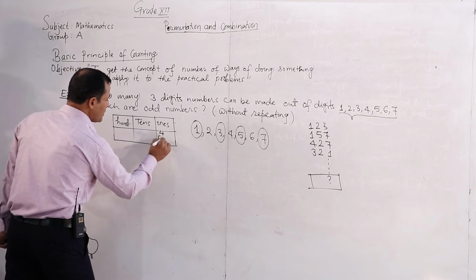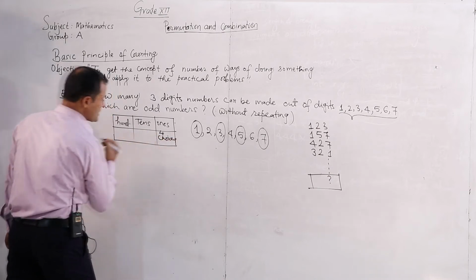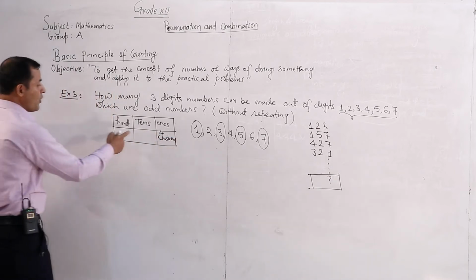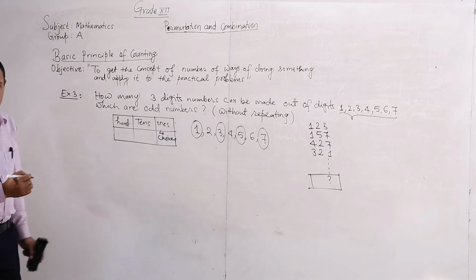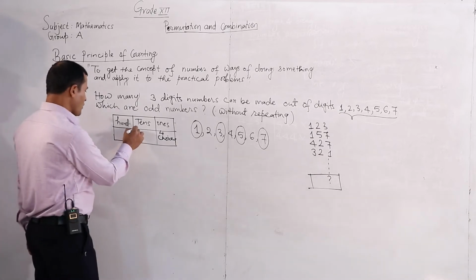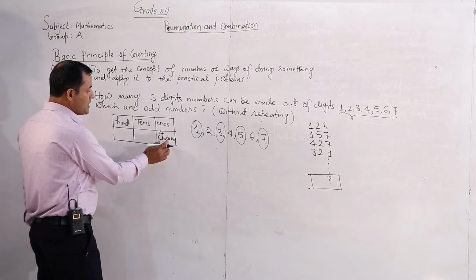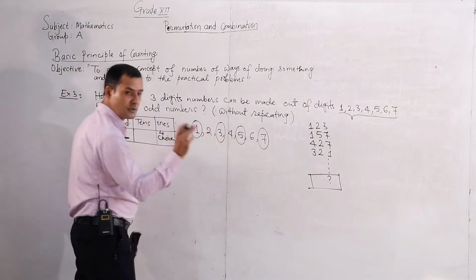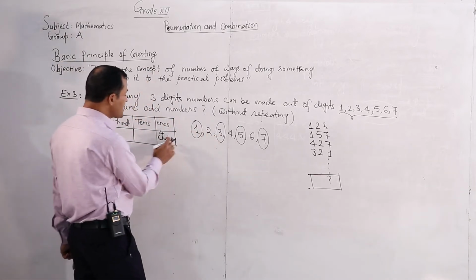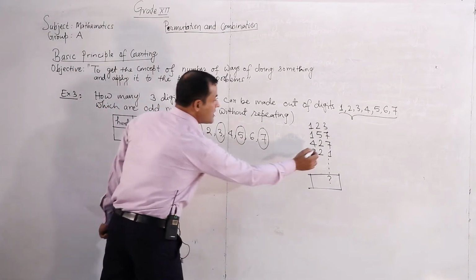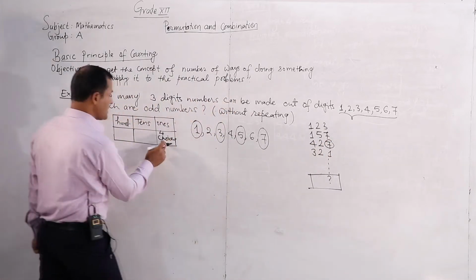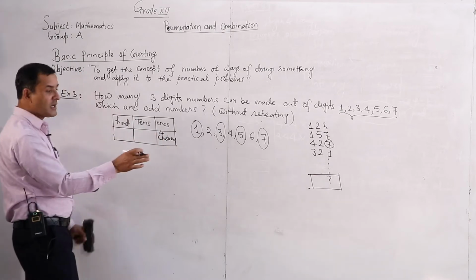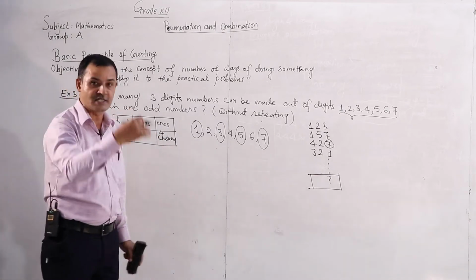Okay, 4 choices. Now what about the tens place? While entering the tens place digit, you have to think that the digit should not be repeated. Suppose 7 is placed in the ones place; automatically one choice is decreased.